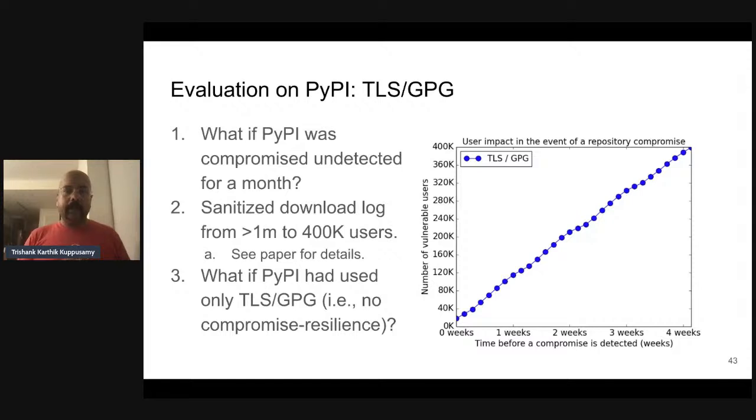And so we ran this hypothetical experiment. Let's imagine that PyPI was compromised at the beginning of that month, completely. Attackers were sitting there, unbeknownst to PyPI, tampering with every single package download for that entire month.